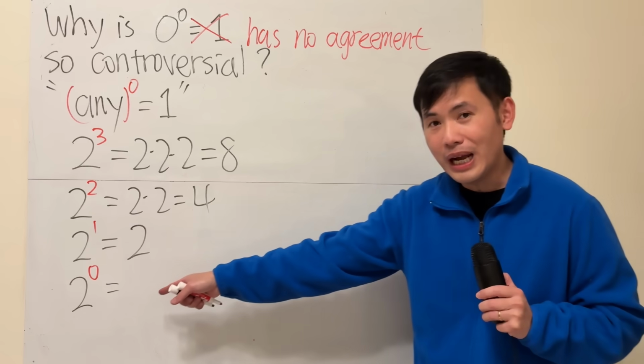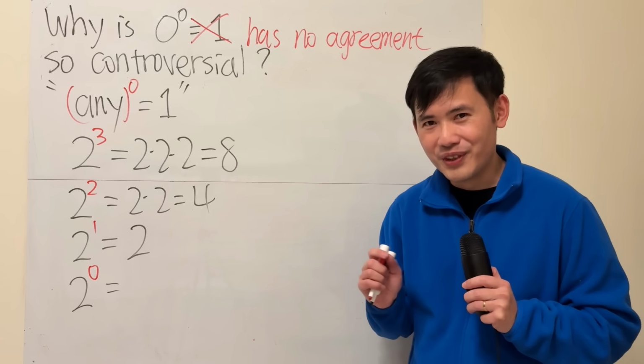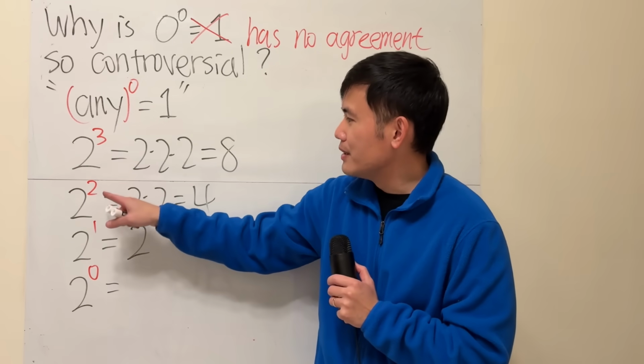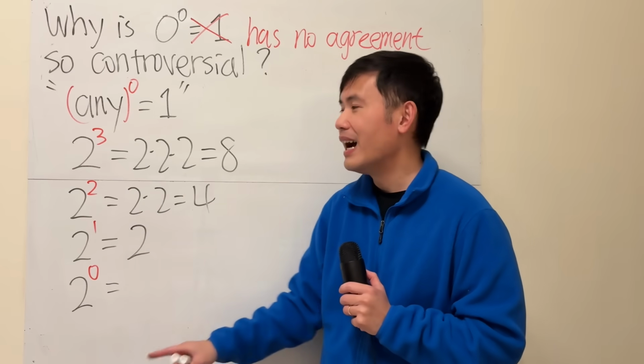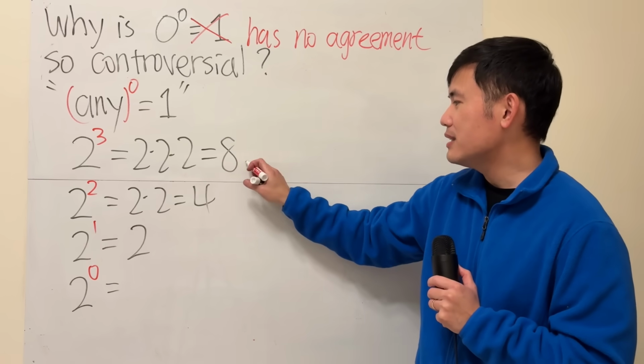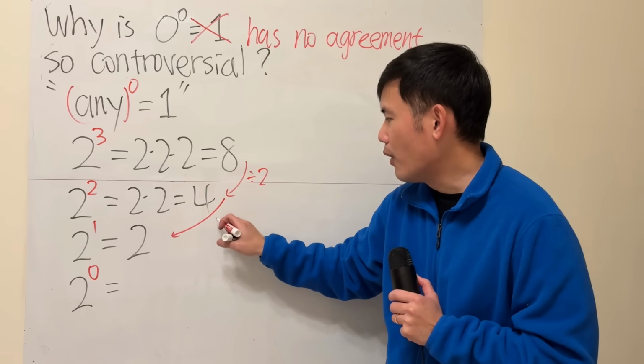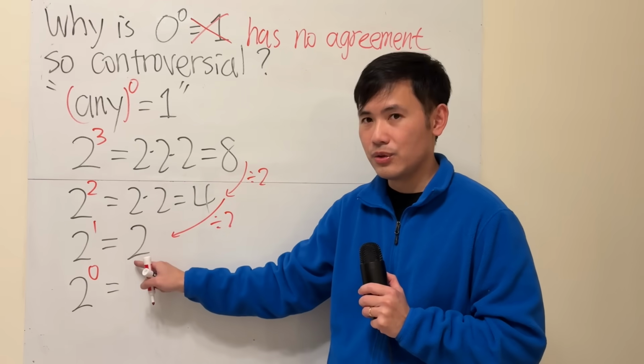But in fact, we do have an answer for this right here. How do we figure it out? The key is to figure out a pattern. Look, 3, 2, 1, 0. On the right hand side, to go from 8 to 4, we can look at this as dividing by 2. Continue. 4 divided by 2, that gives us a 2.